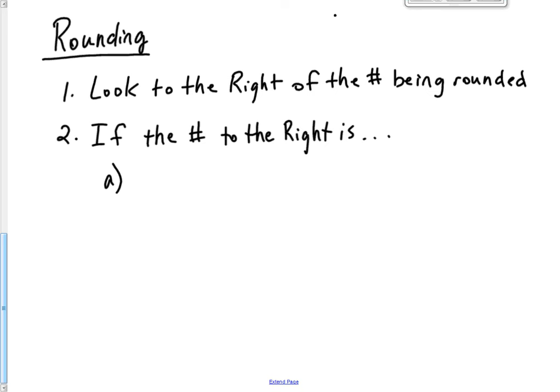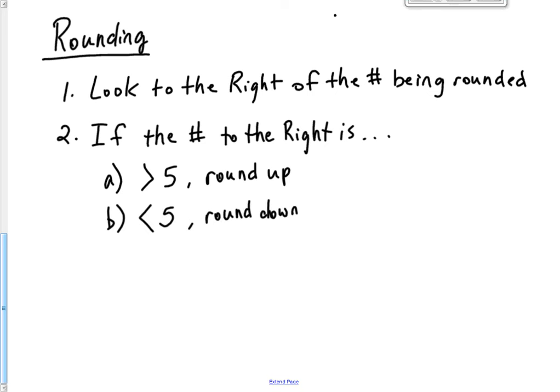If that number is greater than 5, you're going to round up, just like you always have since 3rd grade. Okay? If that number is less than 5, you're going to round down, again, just like you always have. All right? Now, when it's 5, it becomes a little tricky.